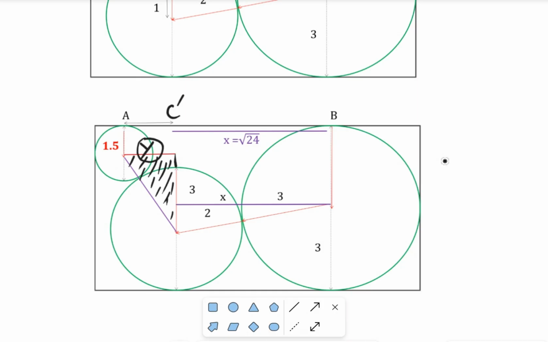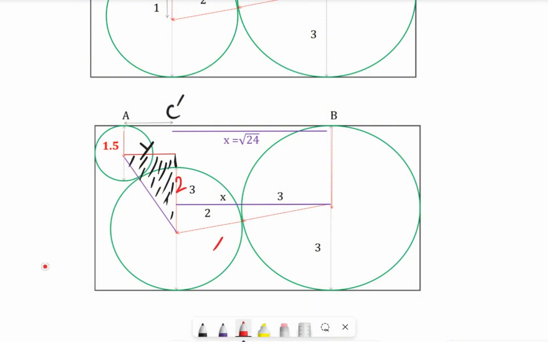Now we know this red line right now, black one, is 2 unit, right? So this is 2. The radius of this circle is 2.